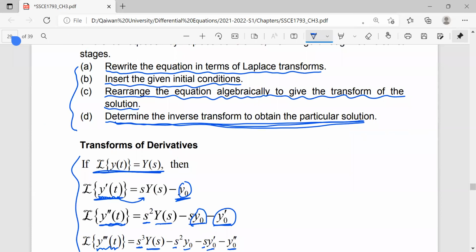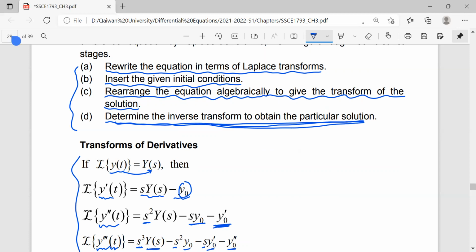We say the Laplace transform of y of t is capital Y of s, and the Laplace transform of x is capital X of s. The Laplace transform of y prime is s Y of s minus y naught. And the Laplace transform of y double prime is s squared Y of s minus s y naught minus y naught prime.